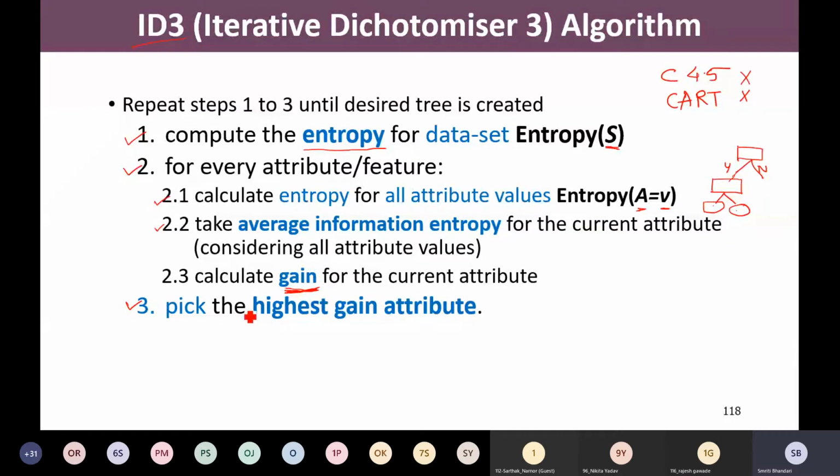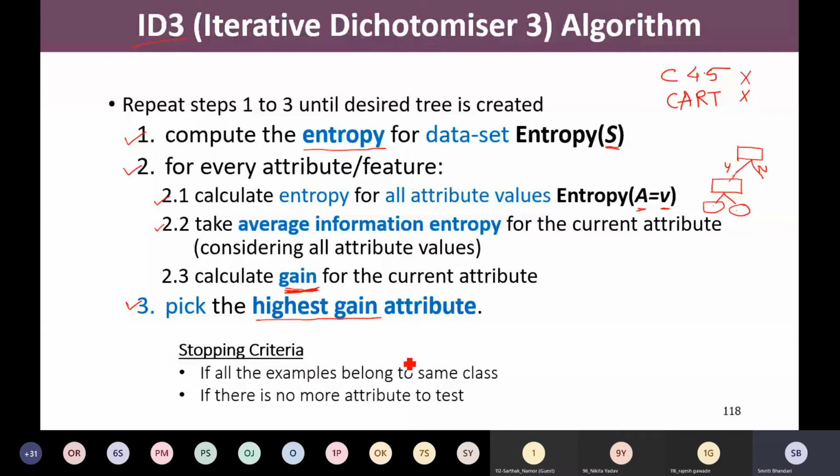And in step number 3, I'll list out the gains for all the attributes computed in step number 2, and then I'll pick the attribute which has the highest gain, and that will be my decision node, right? So the attribute having the highest gain will become my decision node, and the similar procedure is iterated until our decision tree is built, right?